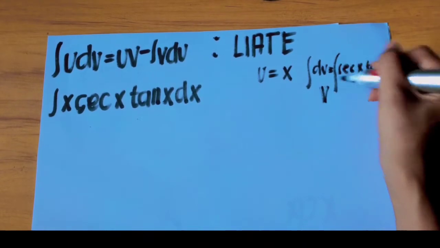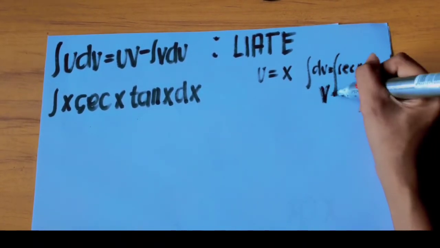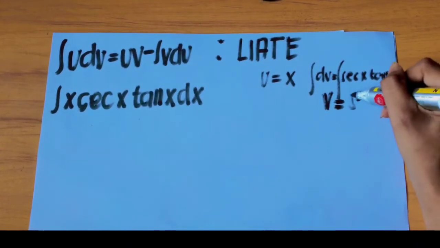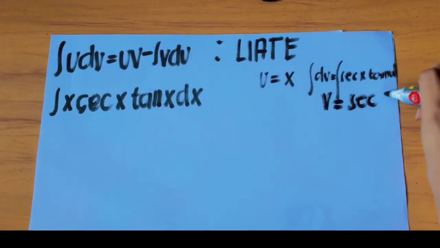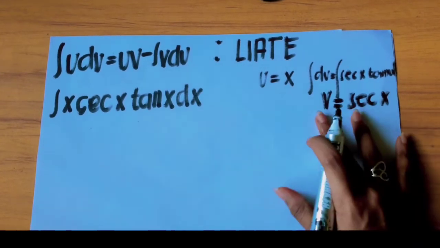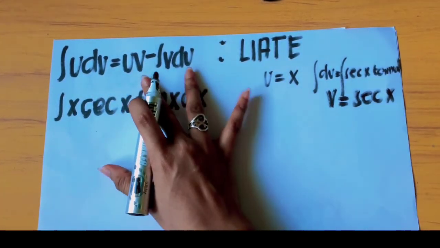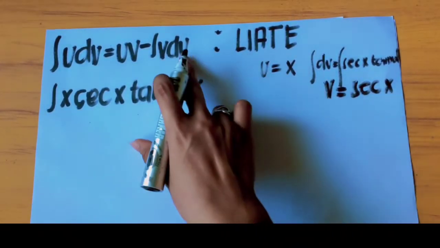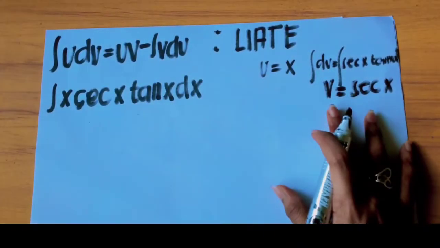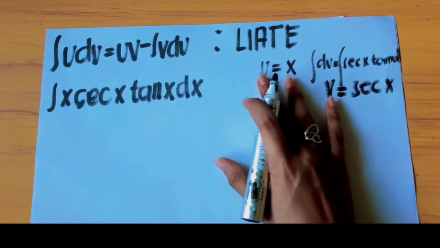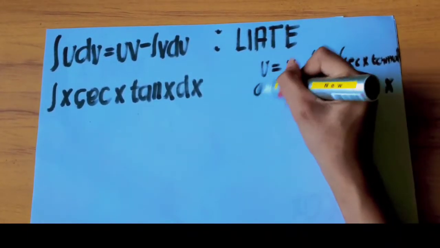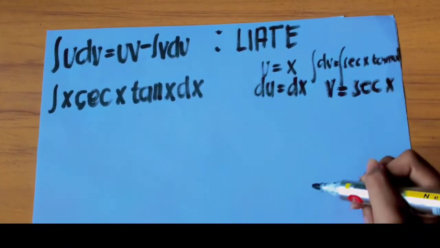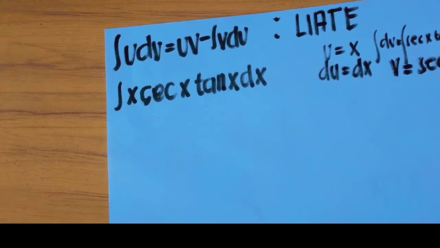So, v equals secant x. May v na tayo. Du naman, makukuha natin yan dito. So, du equals dx, the derivative of u is dx.